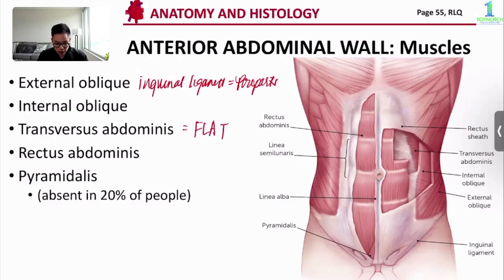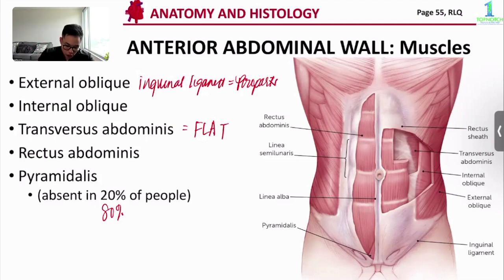Underneath it would be your rectus abdominis, your abs, and then your pyramidalis, which is only seen in about 80% of people. It is a very important muscle that tenses your linea alba, which is an important landmark as well for the median abdominal incision during your cesarean section.